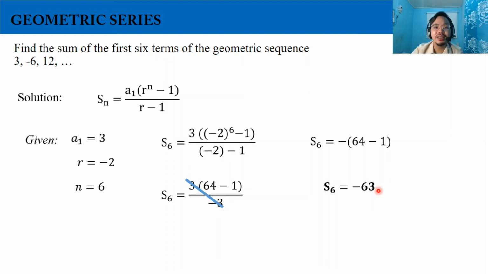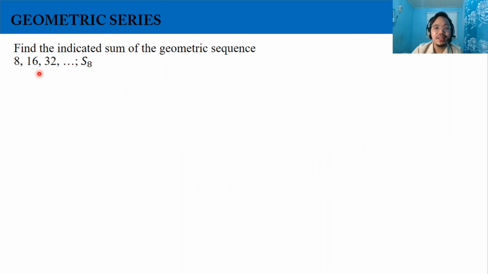So let's have another example. Find the indicated sum of the geometric sequence 8, 16, 32. So the indicated sum here is S sub 8. So we're finding the sum of the 8 terms of the geometric sequence. So again, using the formula, S sub n equals a sub 1 multiplied by the quantity r raised to n minus 1 all over r minus 1.